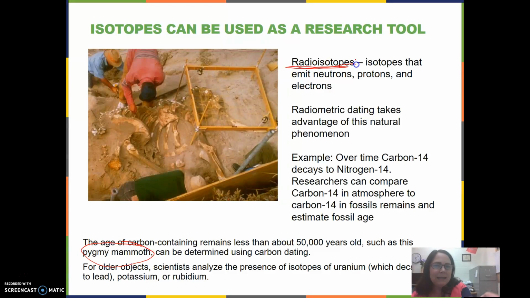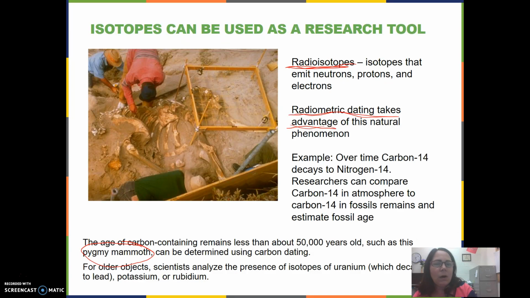Some isotopes emit radiation, in the form of neutrons, protons, and electrons. Radiometric dating takes advantage of this, and uses the fact that isotopes decay over time. They emit radiation, or subatomic particles, over time.